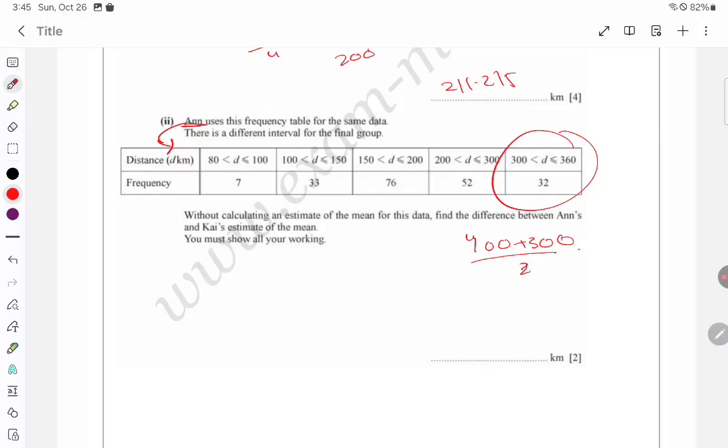First we divide by 2 to give the value of 350, and for this table 360 plus 300 divided by 2, it will give you the value of 330.